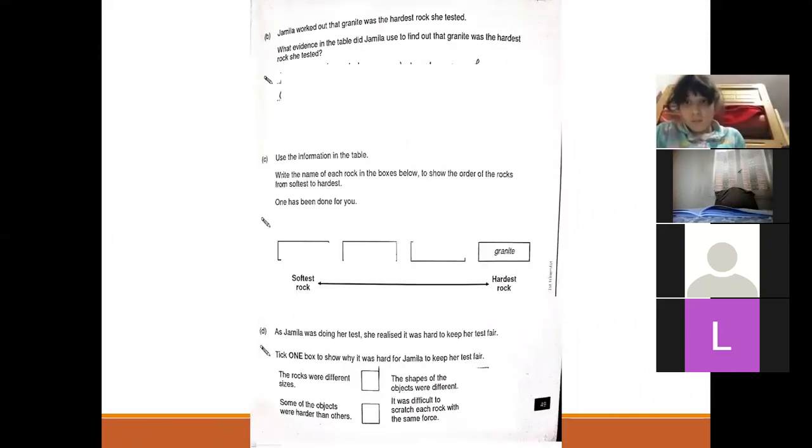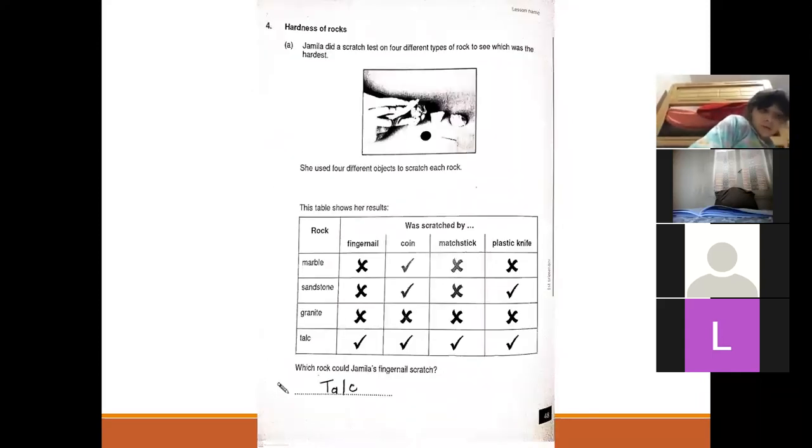Jamila worked out that granite was the hardest rock she tested. What evidence in the table did Jamila use to find out that granite was the hardest rock she tested? So I will just get back and look at the table.